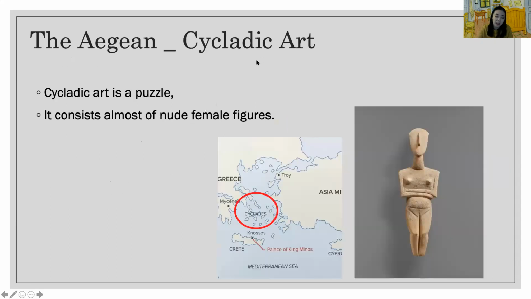So the Cycladic is centered here on a group of small islands in the Aegean. See here. And Cycladic art is a puzzle because we know almost nothing about the people who made it. And it consists almost exclusively of nude female figures.